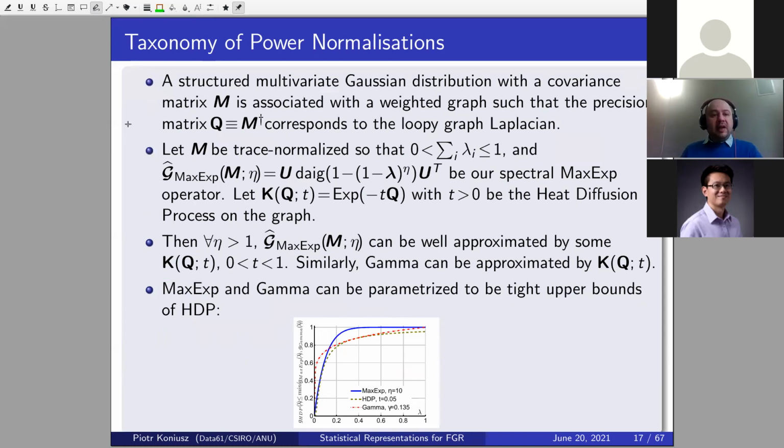And over here, I just wanted to briefly explain the connection between power normalizations and heat diffusion. So assume that you have a structured multivariate Gaussian distribution with covariance matrix M. And this matrix M has, by design, associated with it a graph structure.